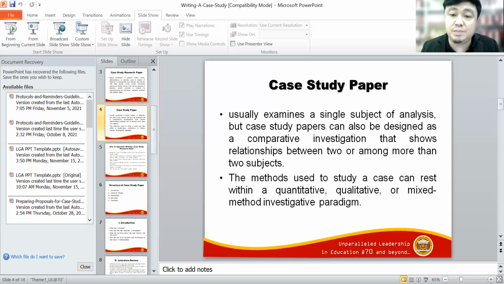It doesn't have to be always a rare incident or event. It can also be a regular or typical situation, but may support new thinking or perspective about a research problem or even challenge an existing hypothesis.